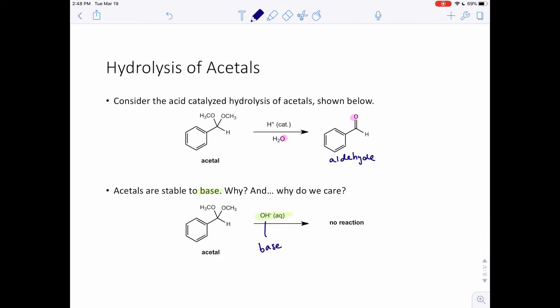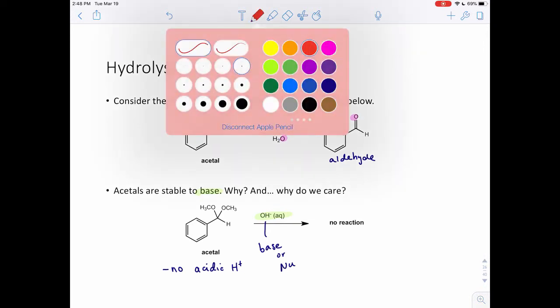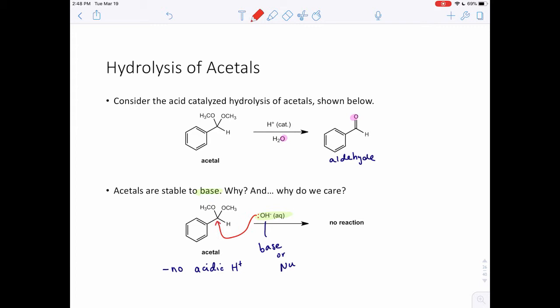Well, it could act as a base, but there are no acidic protons in the acetal. Or it could act as a nucleophile, but it's certainly not going to do an SN2 here. No, no, no. So there's just no reactivity that's possible.